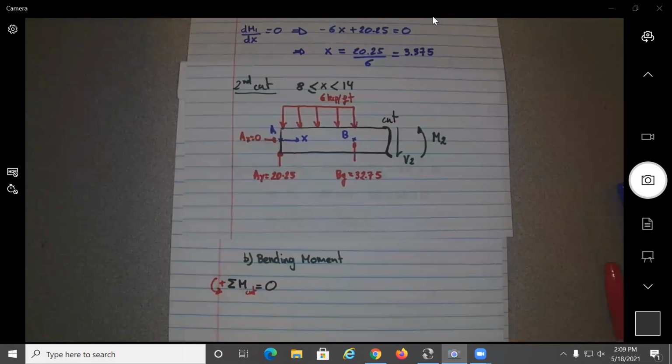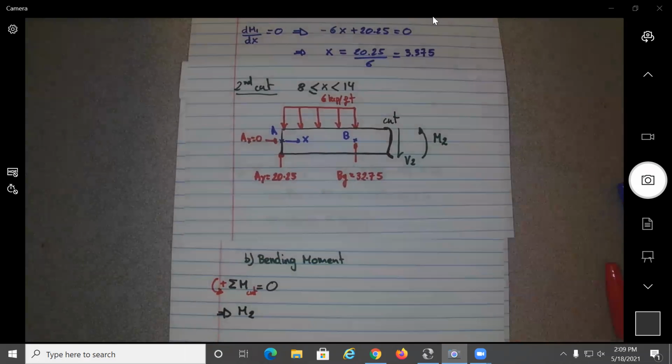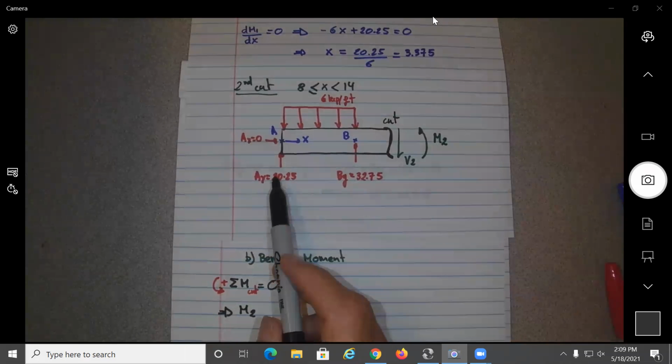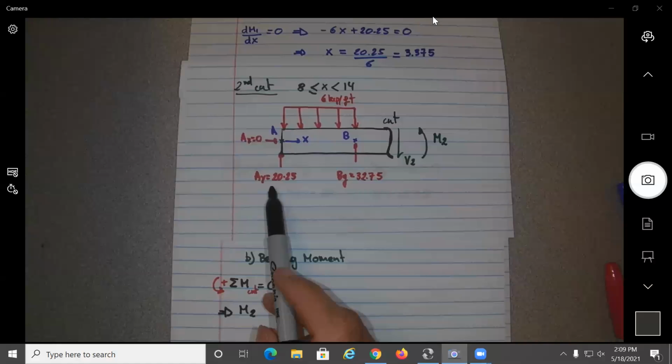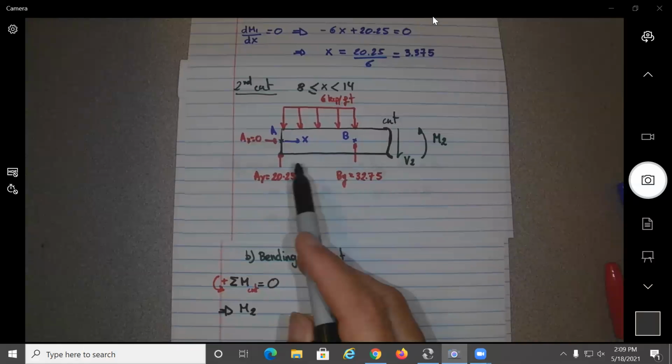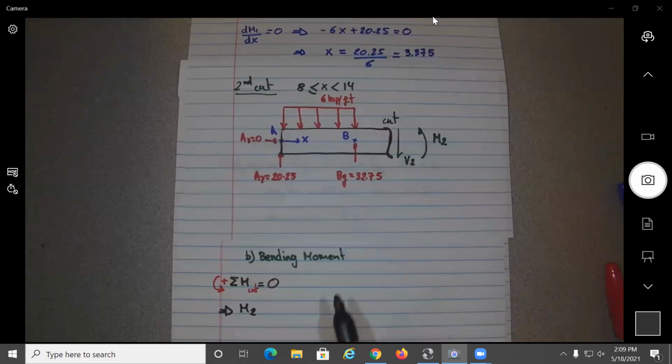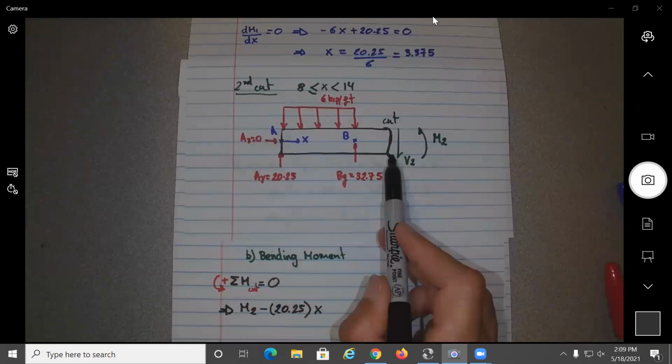So what are you going to get? Let me start with M2, that way I don't forget it. So M2, and now move to the left, okay? What will be the moment created by the force AY? Now we go clockwise, no? So clockwise will be negative. So it will be minus AY, which is 20.25. What will be the value of the arm? X is all that distance over here.